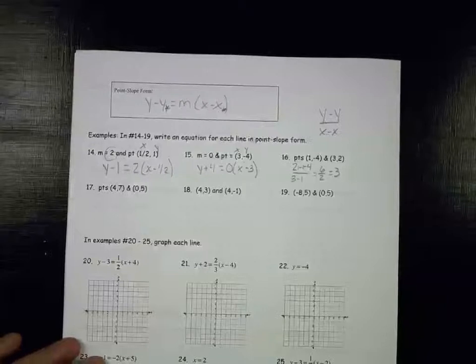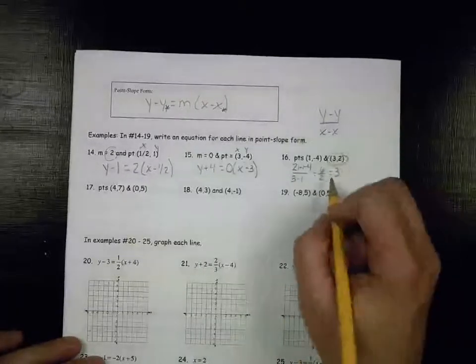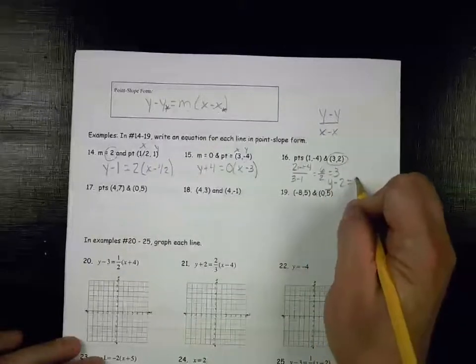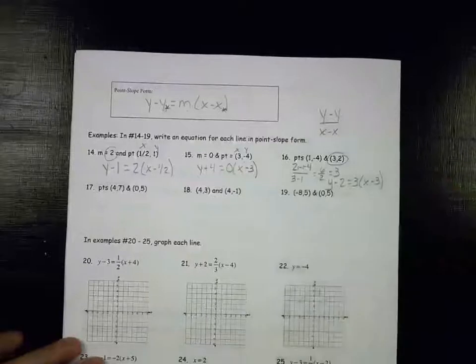And for those, we can pick either point. I'm going to pick this one. And you will have y minus 2 equals 3 times x minus 3.